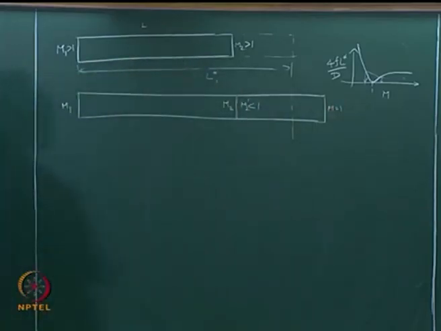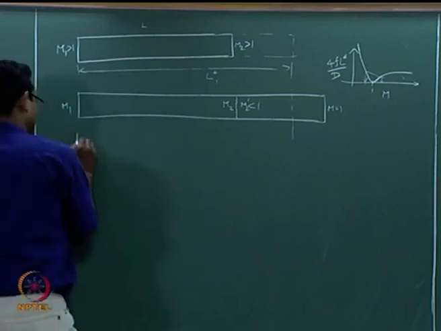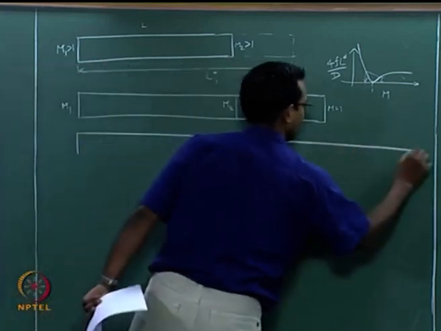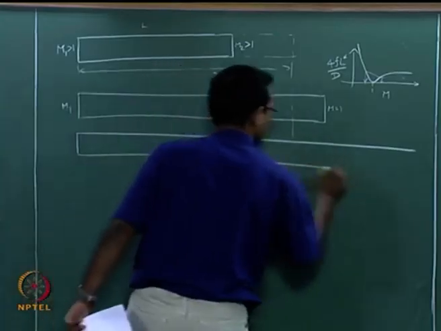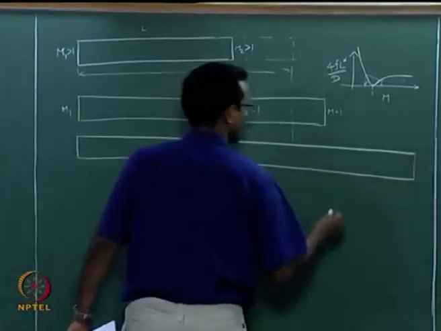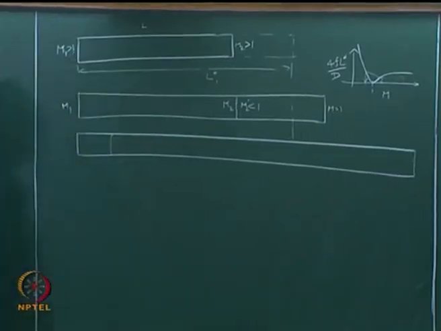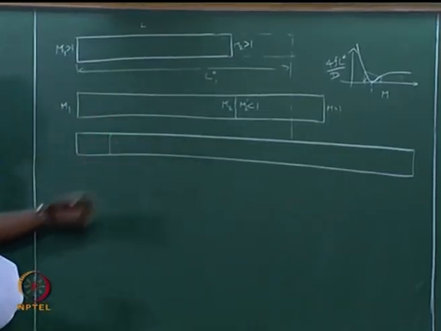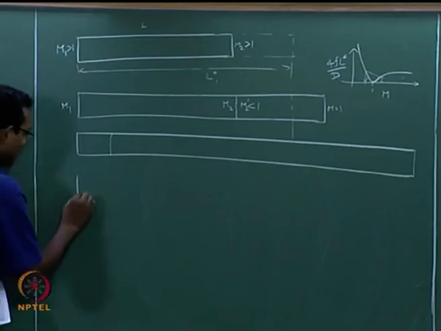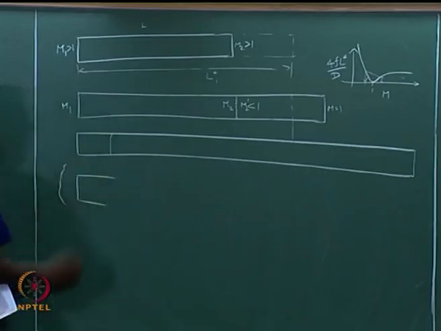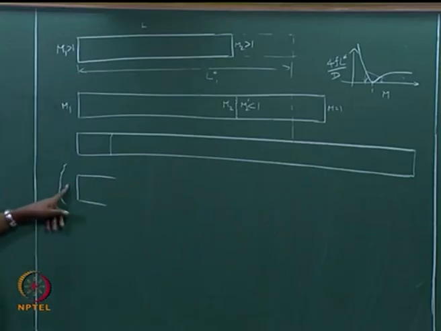If I keep on extending this length, then we will go to a situation where the shock goes more and more upstream. If I extend it any further, then the shock will go sit outside this duct. After that, if I look at what is the flow inside the duct, it is only subsonic flow.